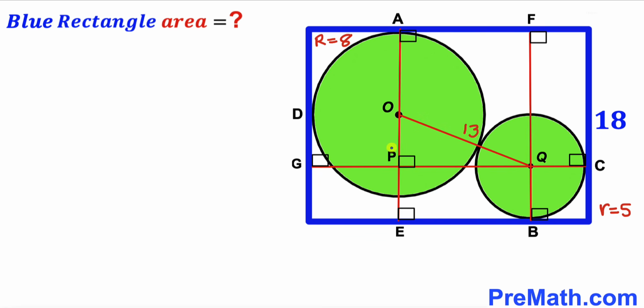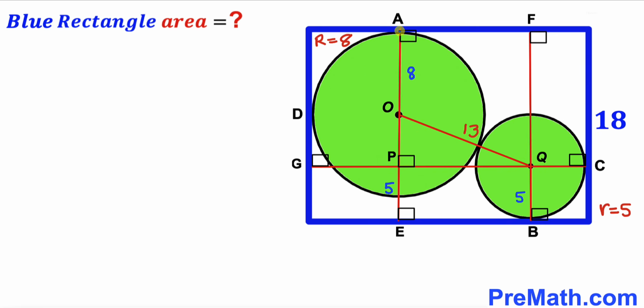Furthermore, this point P is the intersection of these two vertical and horizontal lines, so no wonder this angle has got to be 90 degrees as well. Now let's make an observation. We can see this is our radius lowercase r, its value is 5, so this PE length is going to be 5 as well. Furthermore, this AO is the radius uppercase R and its value is 8.